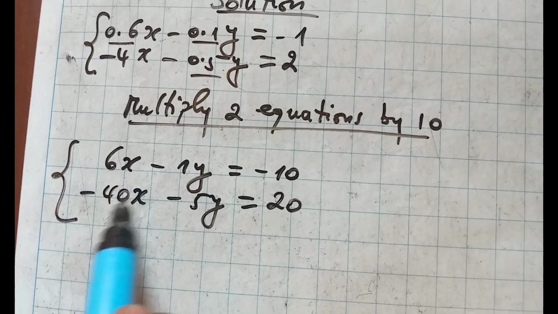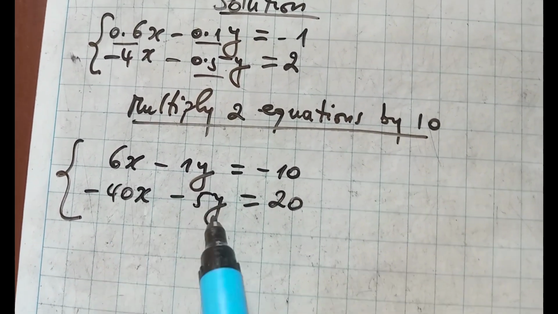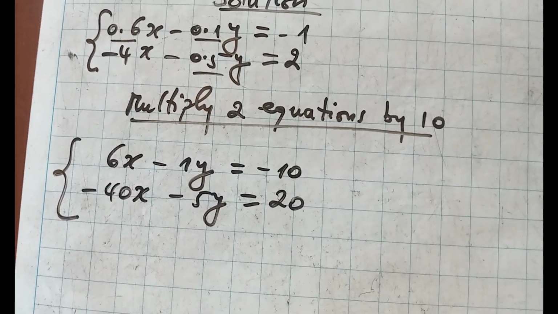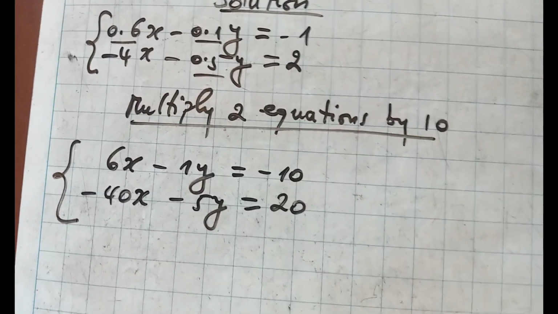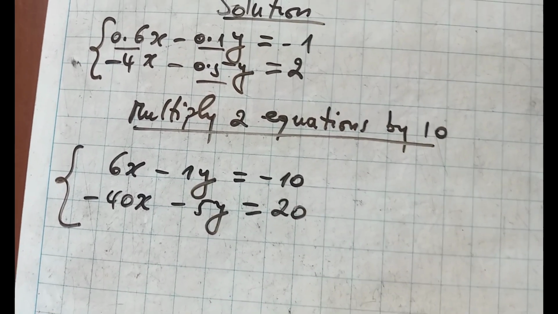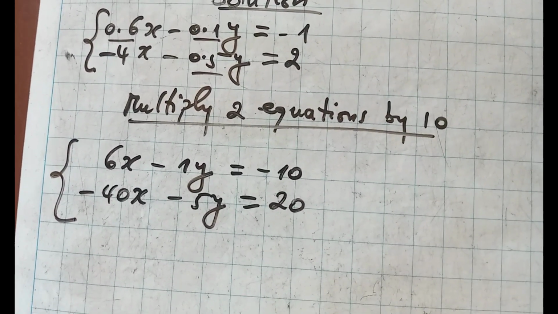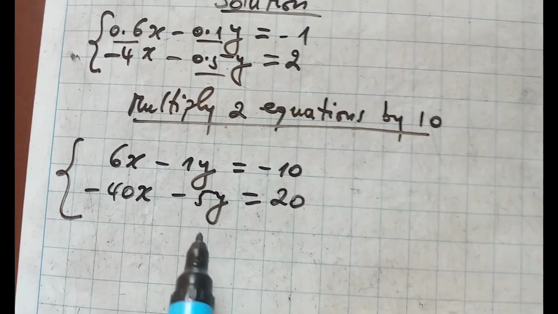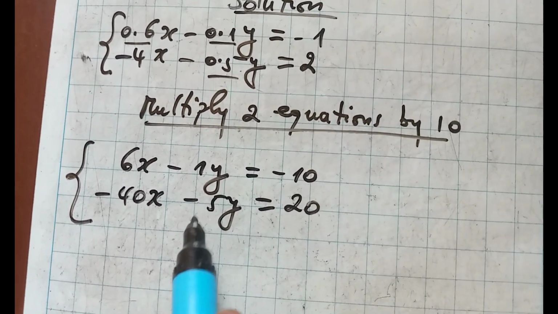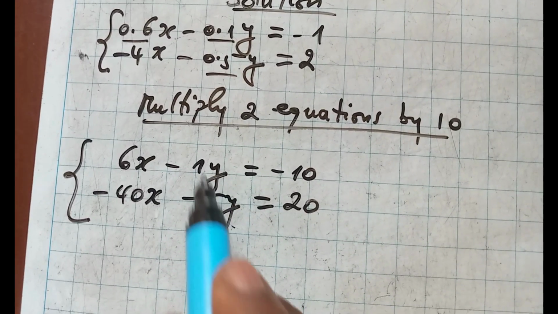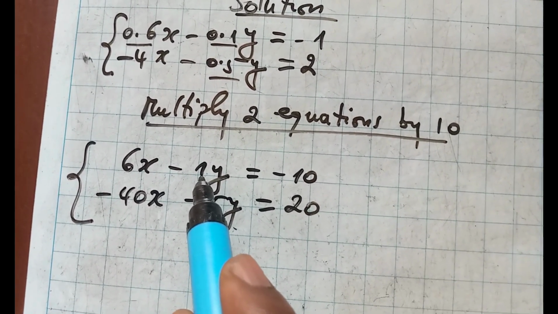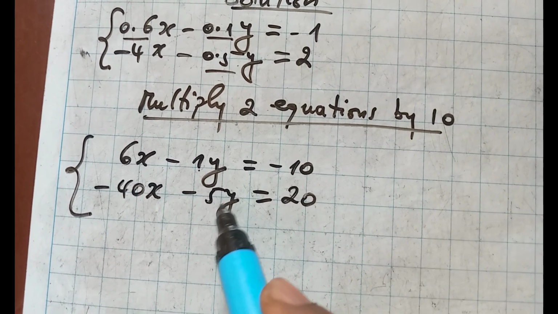You see, we have different variables x and y, and they have different coefficients. We can use different methods to find the value of x. The way does not matter. I can choose to eliminate one of the variables here. If I choose to eliminate y, right? You see, this y has 1 as its coefficient. This y here has 5.